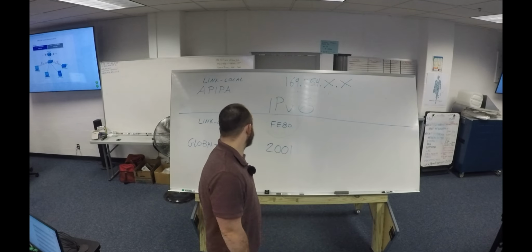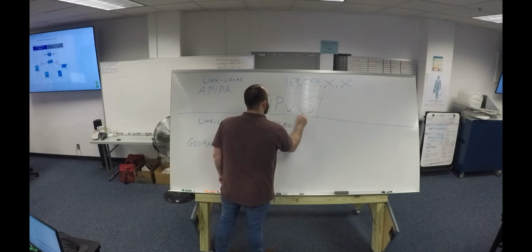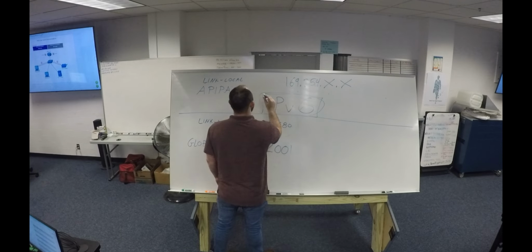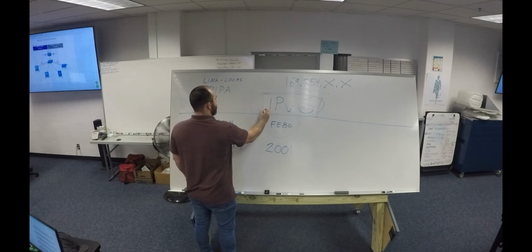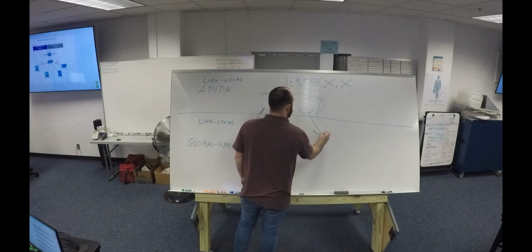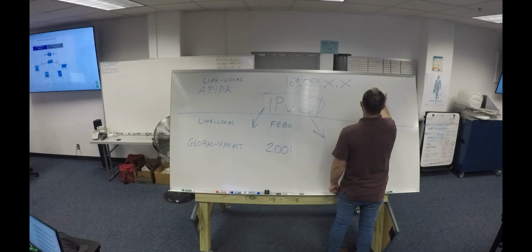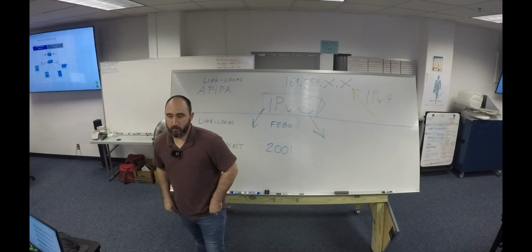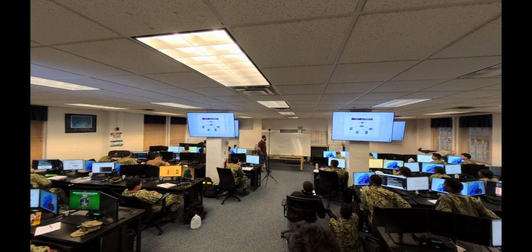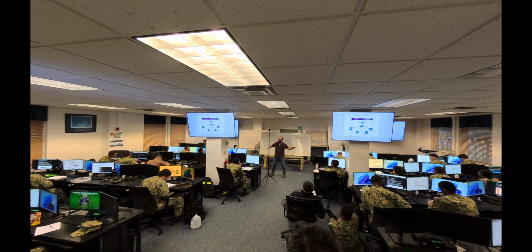The FE80 and the 2001 are the IPv4, right? IPv6. Oh, IPv6? Is that for IPv6? This is IPv4. So the link local for IPv6 is what it's going to use to communicate locally.